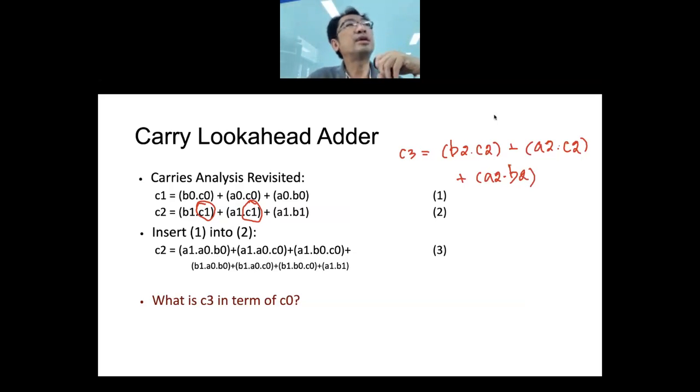How can you get C3 with the same technique? We can replace C2 in this equation with this term. When you finish doing that, you will get the equation for C3 that has only inputs, no waiting at all.